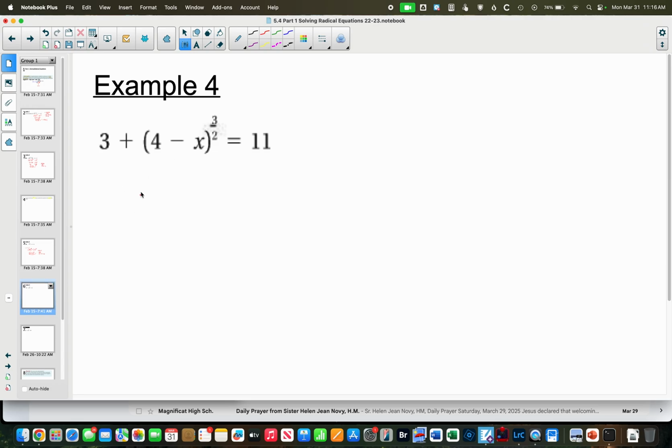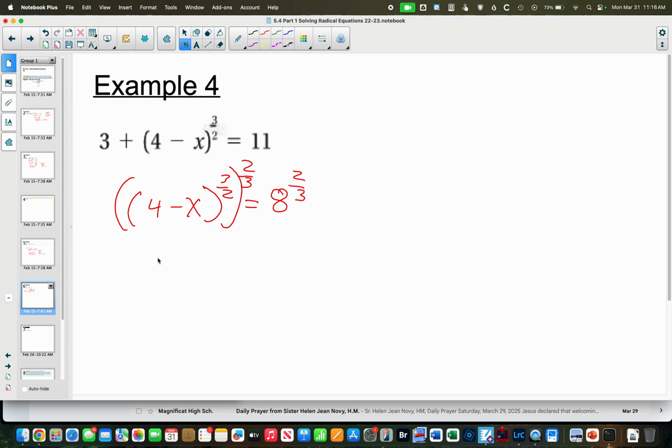We're going to subtract 3. 11 minus 3 is 8. Now to get rid of the 3/2 power, we're going to raise it to the reciprocal power, which is the 2/3 power, on both sides.